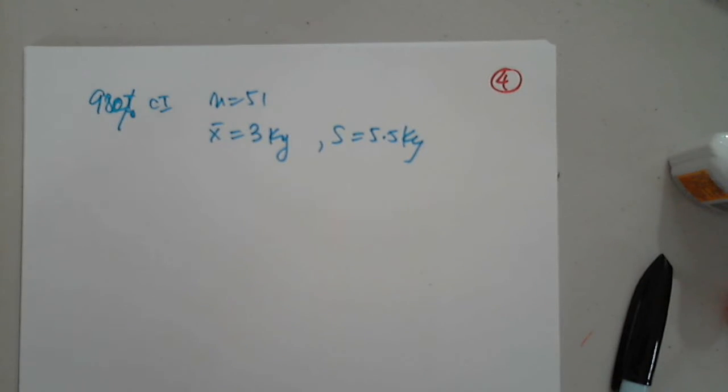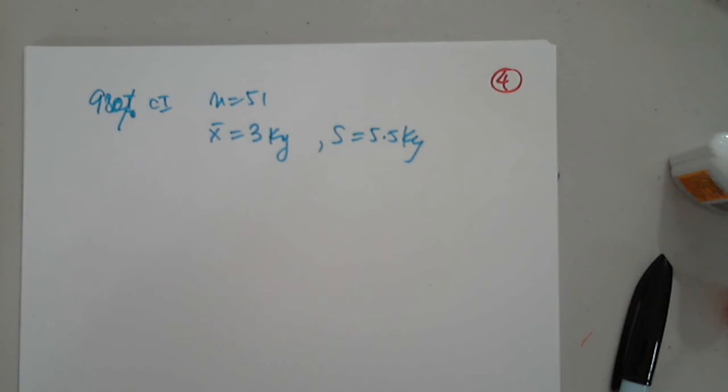Okay, so I would like to explore the StatCrunch. So stat, tests, and we want a t interval, number 8, with stats, and we have x bar, 3.